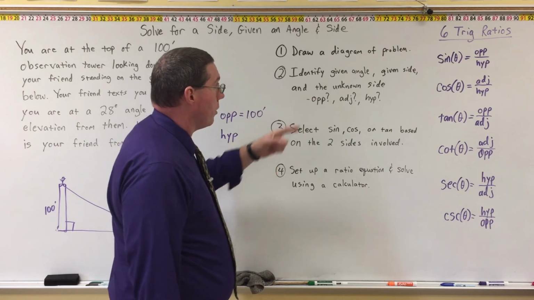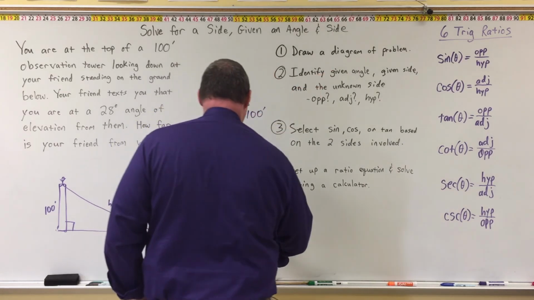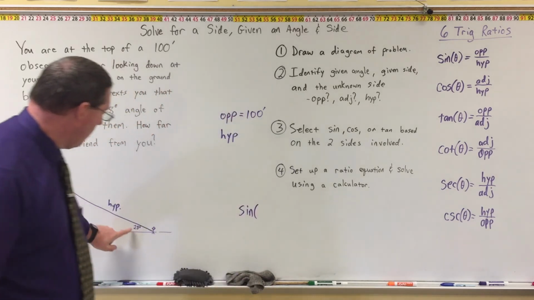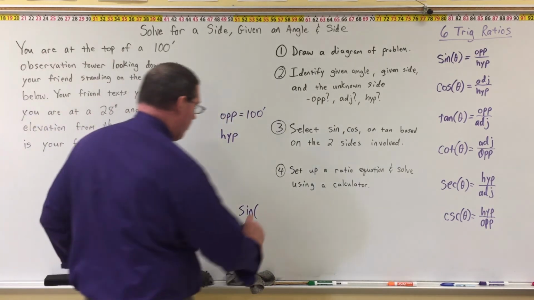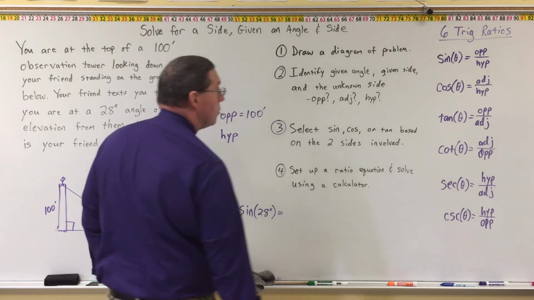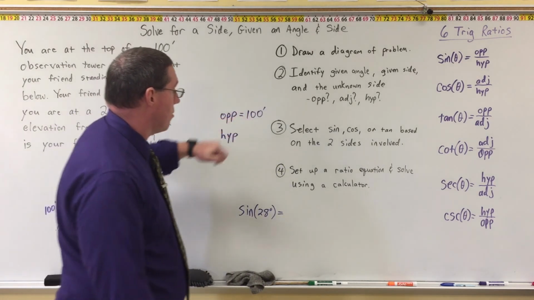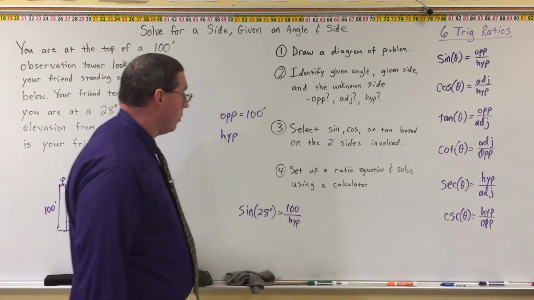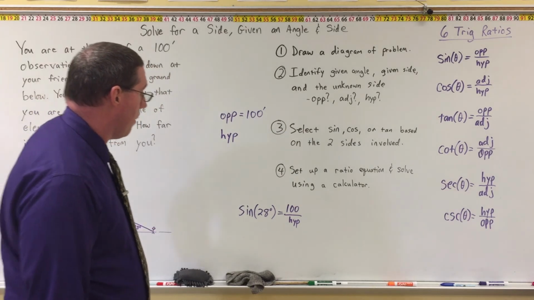And so for step 4, we're going to set up that sine equation, sine of theta, but instead of theta, we're going to put in the angle measure, which is 28 degrees. So sine of 28 degrees is equal to opposite, which in this case is 100, over hypotenuse. And now we just want to solve for hypotenuse.